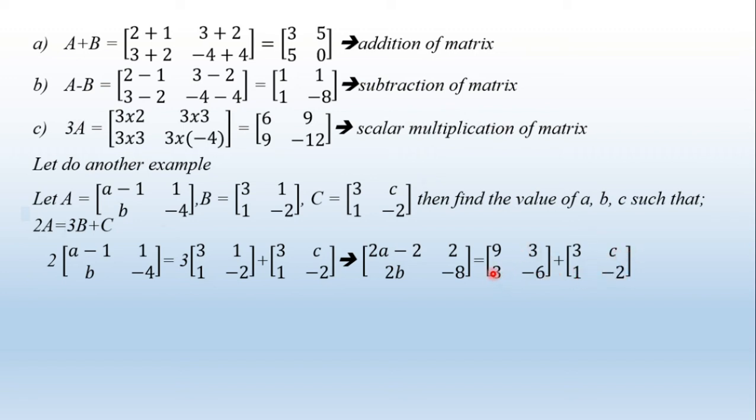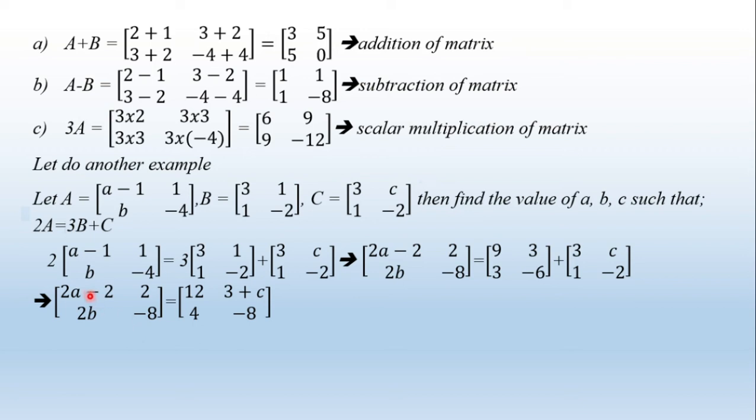Finally, after adding, we get 2a, minus 2, 2b, 2 minus 8 equals 12, 4, 3 plus c, minus 8.